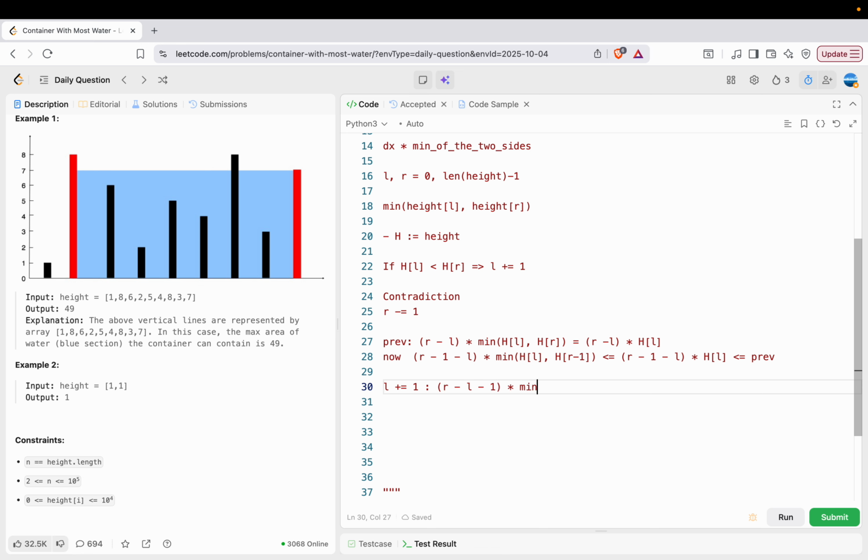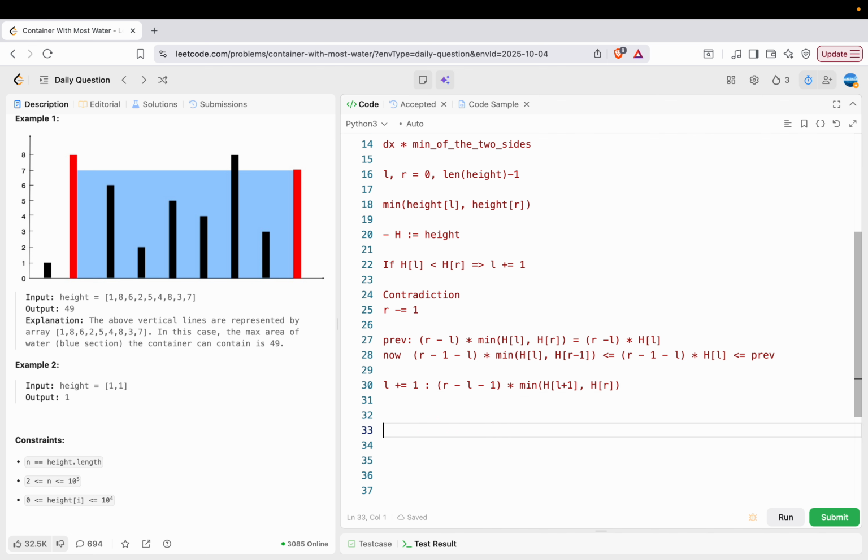But then you times min of HL plus 1 and HR. So this is possibly larger than this one, because this min might be larger, right? So that's the logic.